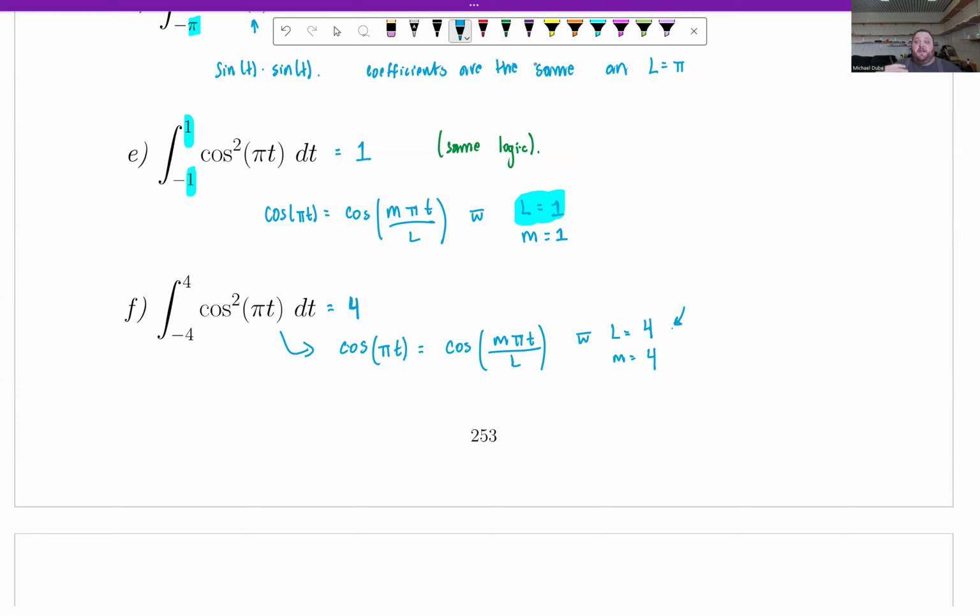We could have a period of 1, but we can multiply that by 4 and have a period of 4 as well. Okay, last time, and it's going to be right. So remember, the period is 2L. So in this case, it's 2 times 4, which is 8, and half the period is 4.